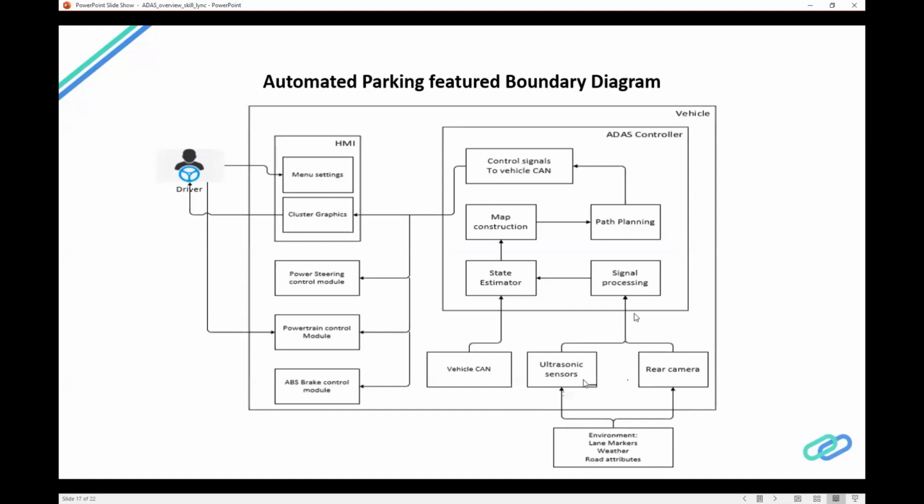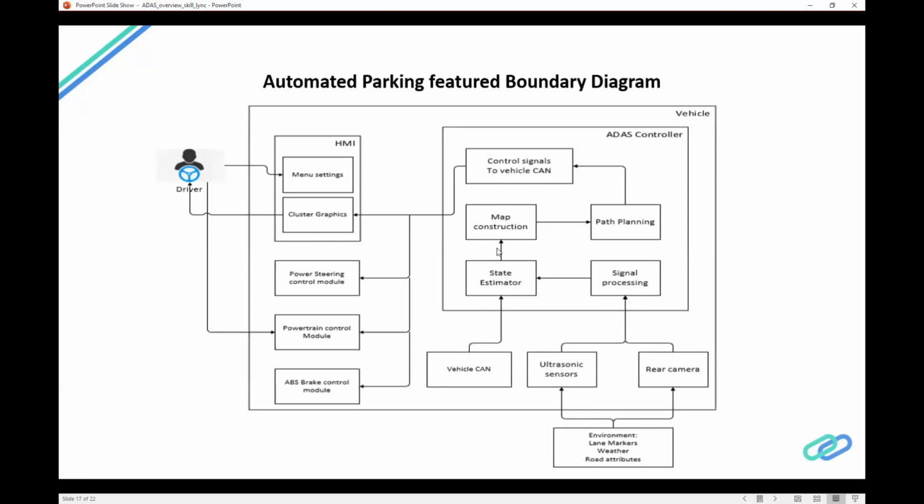Both these information goes to the signal processing system. Signal processing system then goes to the state estimator. Now, what does the state estimator do? State estimator determines different attributes, such as the distance of the vehicle, the type of vehicle, and how far the two vehicles are.